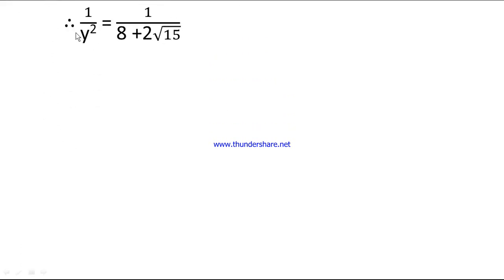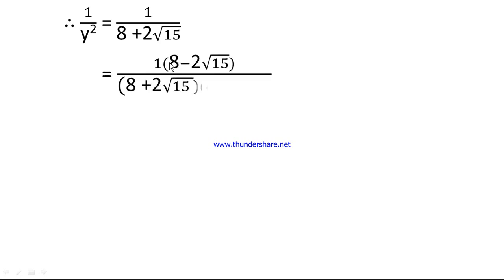And now inverse y square, I mean 1 by y square is equal to 1 by 8 plus 2 root 15. And here I have multiplied numerator and denominator by 8 minus 2 root 15.